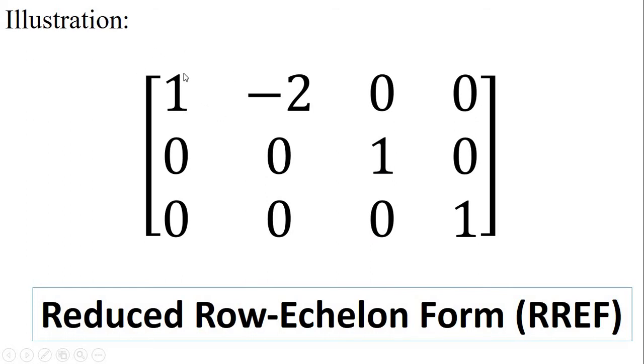For this leading entry, the entries below this entry are 0. For this leading entry, the entries above and below it are 0. For this entry, the entries above it are 0.